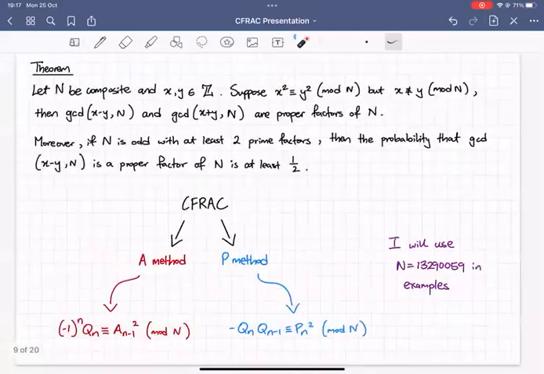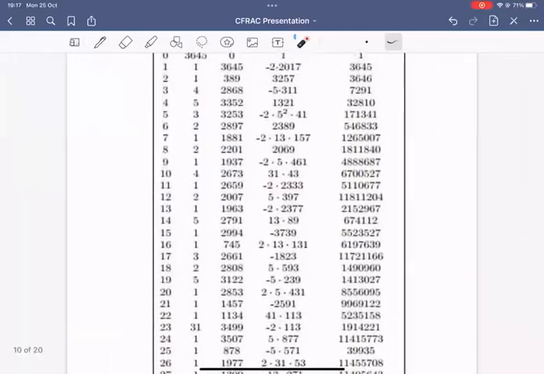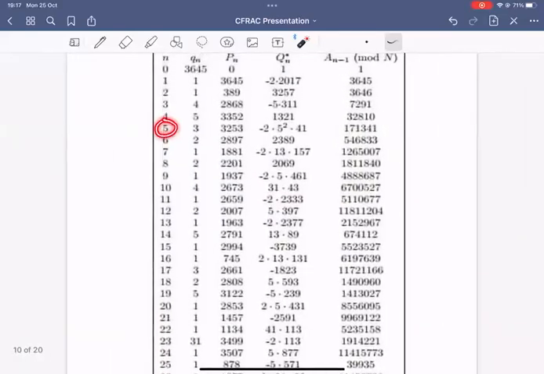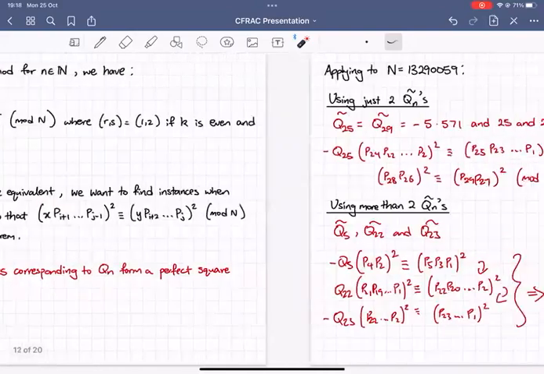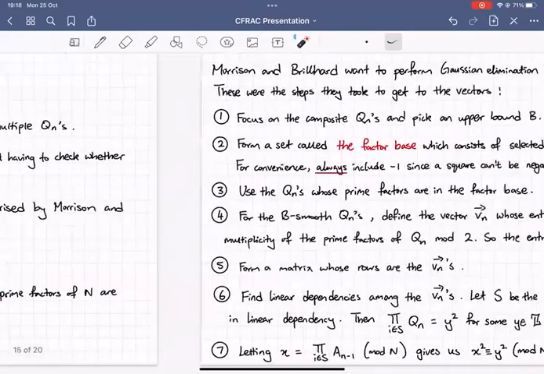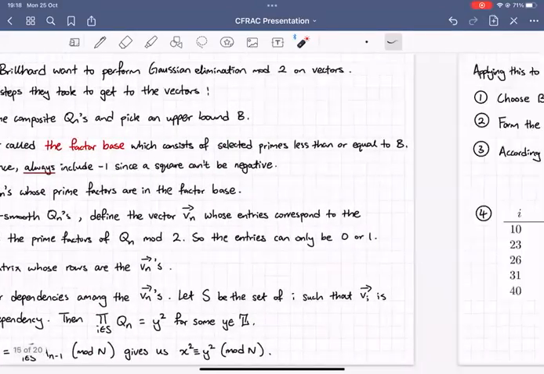That means, unfortunately, we can't use, for example, Q5, because even though 2 and 5 were in our factor base, 41 isn't. And obviously these numbers are too big, not even in our factor base, which means those QNs are not 113 smooth.